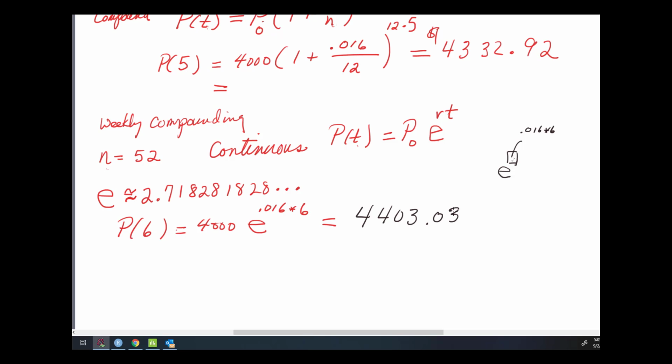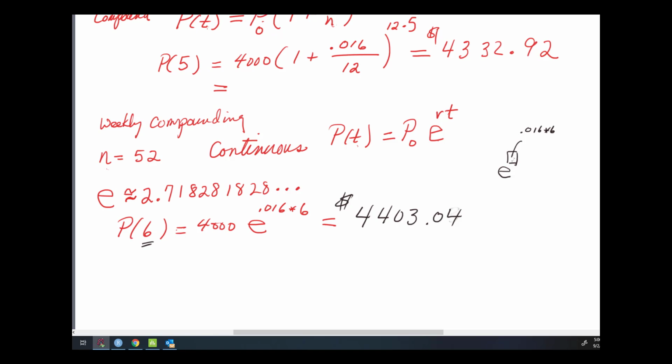Actually, it's 04, and not to be a stickler about a penny, I will write 04. And that's how much money you would have after 6 years. All right, so that's just one fairly common application of an exponential function.